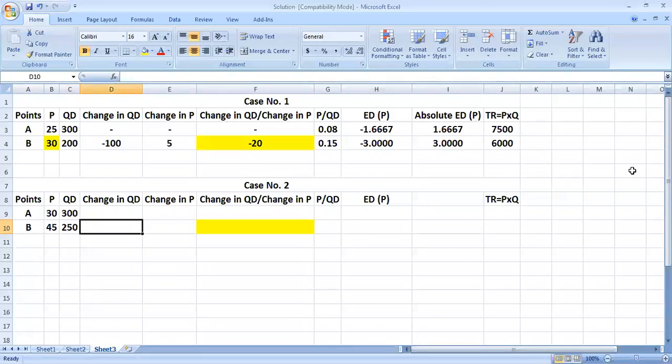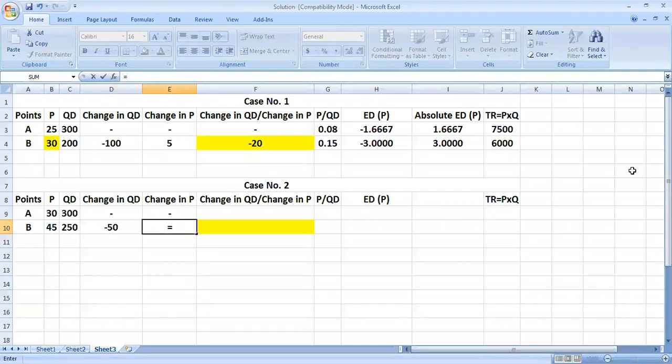Let us find out the change. At the initial points, we cannot find out change in price and change in quantity demanded. Quantity demanded at point B is 250 minus quantity demanded at point A is 300. The answer is minus 50, which is the change in quantity demanded.